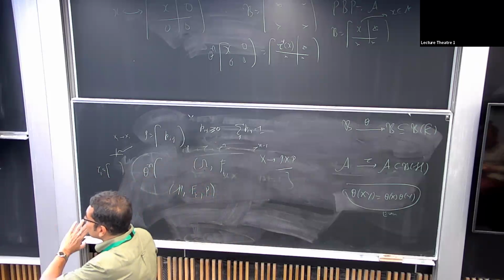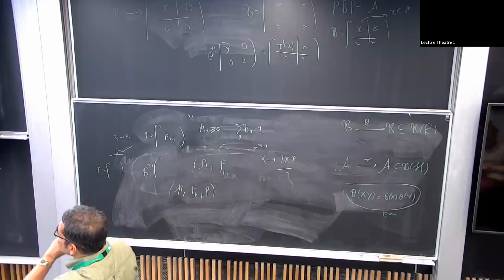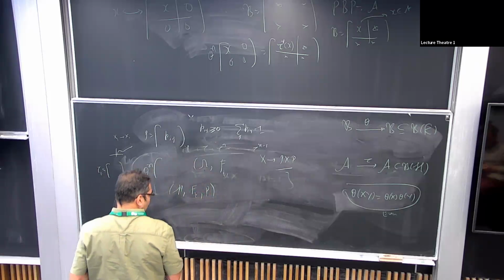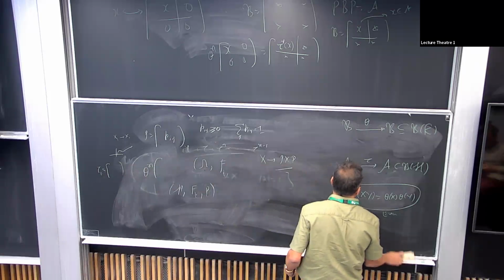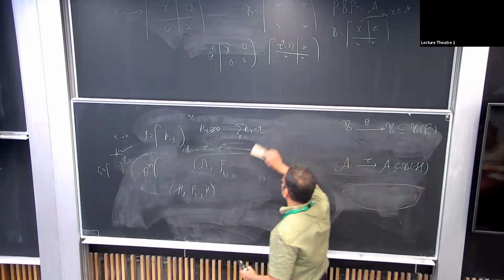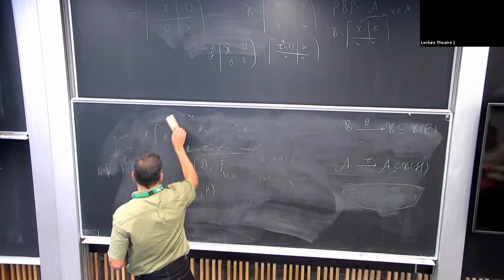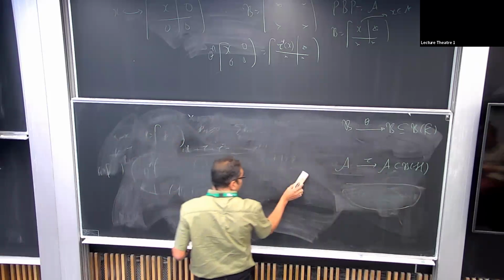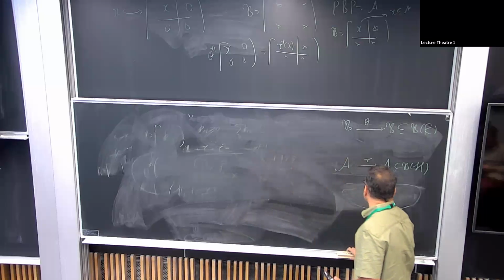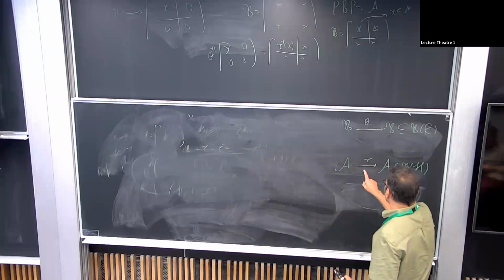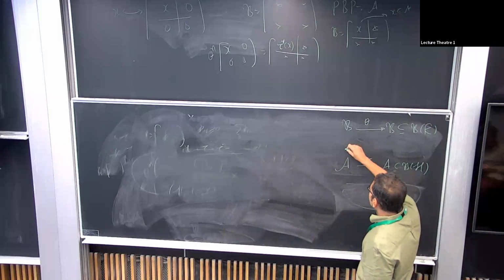So that is the general theory. Now we want to apply that dilation theory here. Let us go back. So we have a unital completely positive map now from A to A, and we dilate it like this.